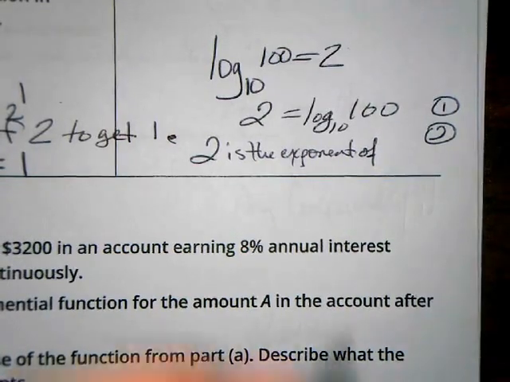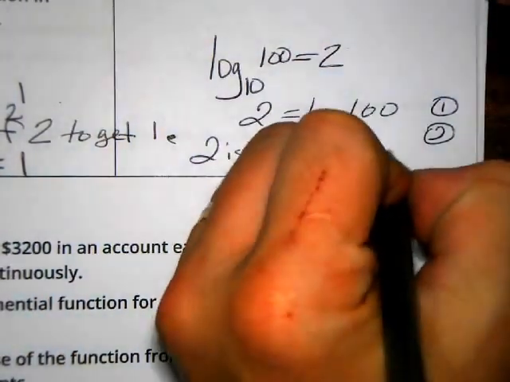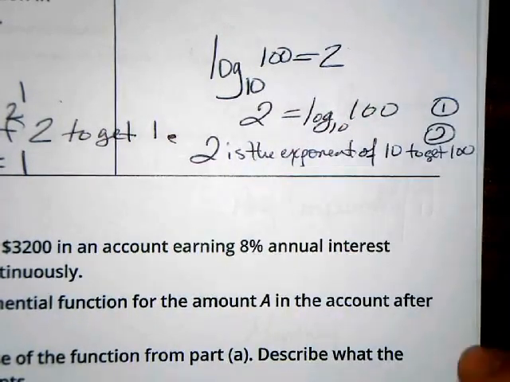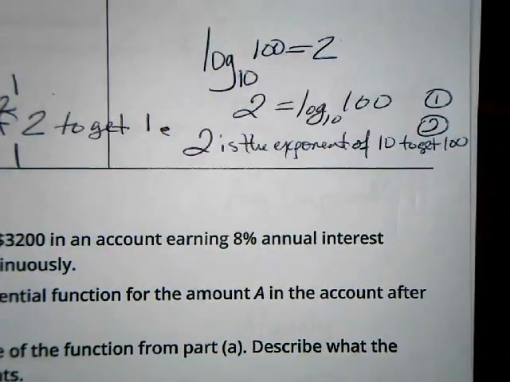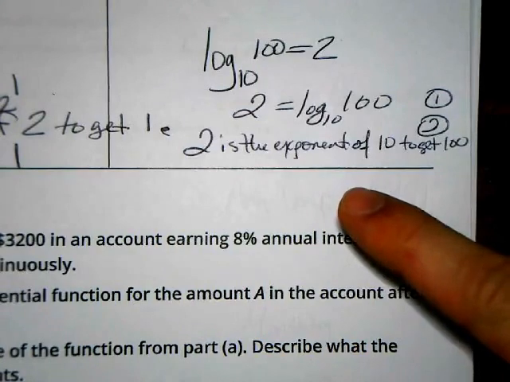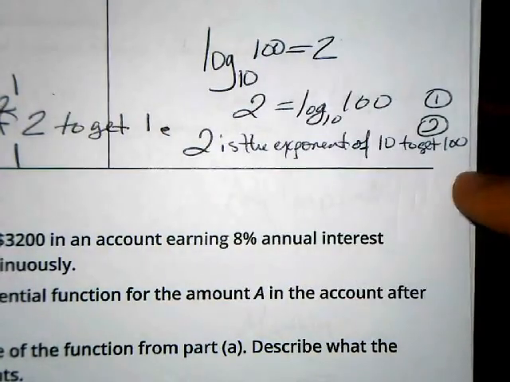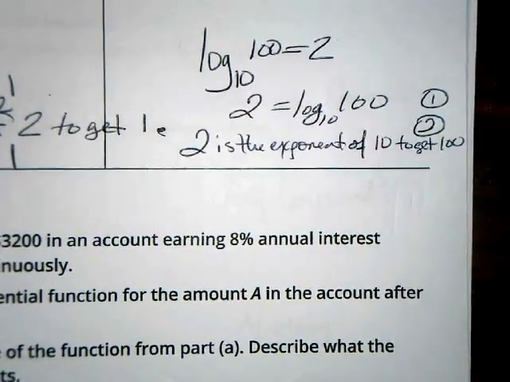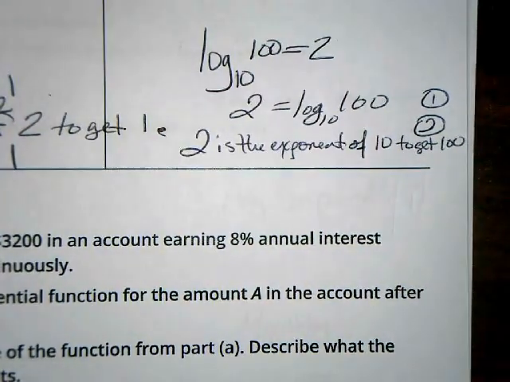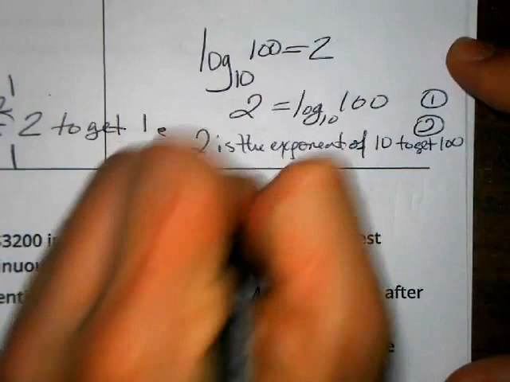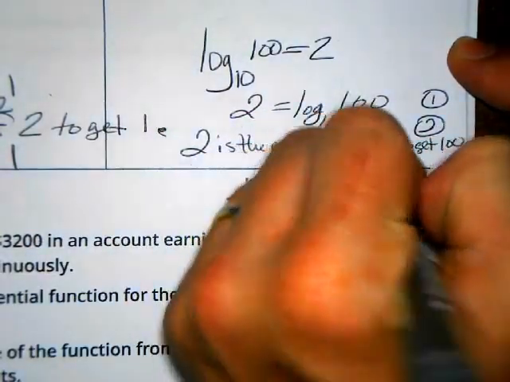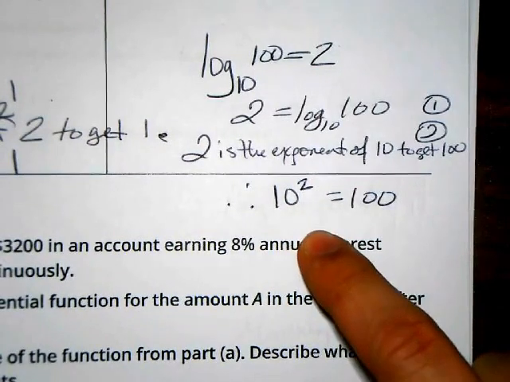Yeah, perfect. 2 is the exponent of 10 to get 100. Perfect. All right, so Brian, help us set this up. How would you rewrite this now that we know what it says in human language? What would we write this as? True or false? True. Good deal.